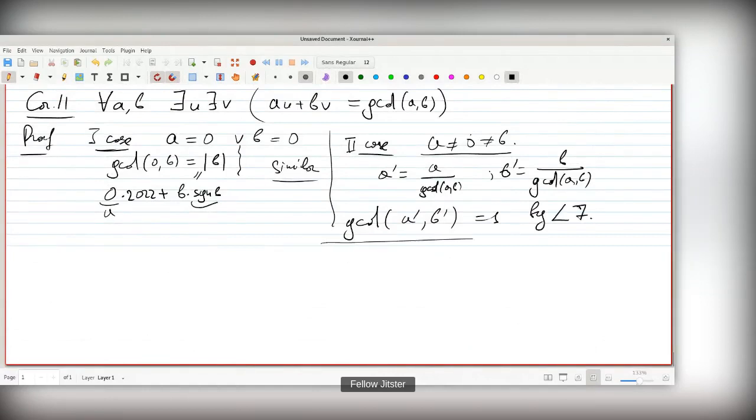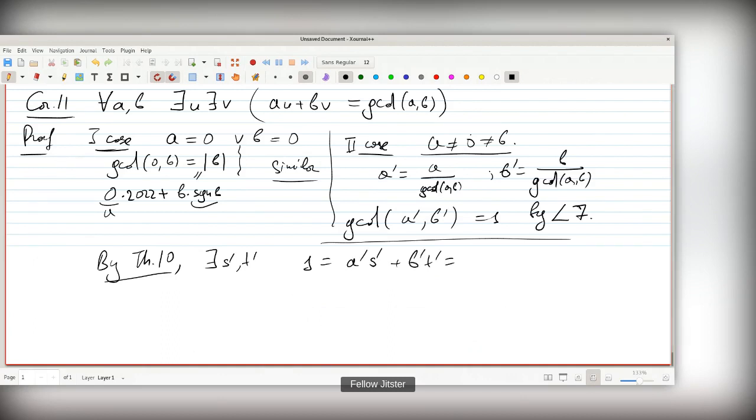By Lemma 7, so by Bezout's identity, by Theorem 10, there exist S prime and T prime such that 1 equals A prime S prime plus B prime T prime, that is A multiplied by S prime.